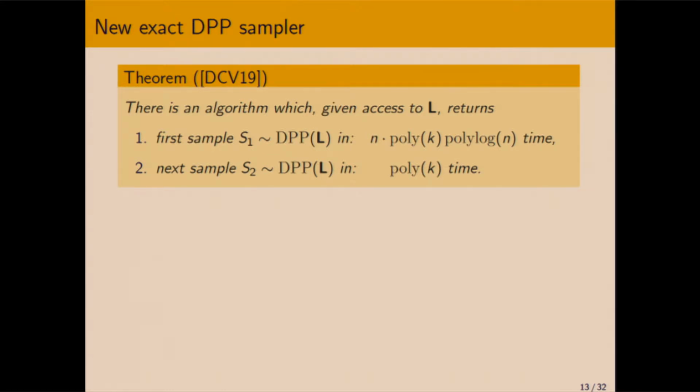There's an algorithm which, given entry access to the matrix L, returns an exact sample from the DPP of L distribution, in time n times poly k times poly log n. And if we want more than one sample from the same distribution, then the next sample can be obtained in poly k time. I can give all the polys at some point later.